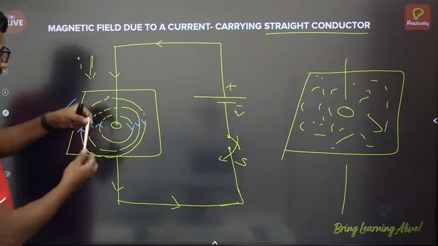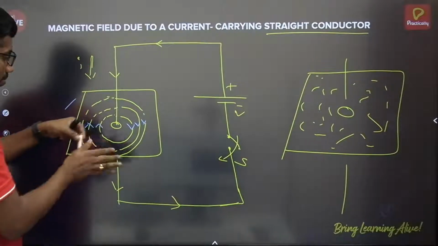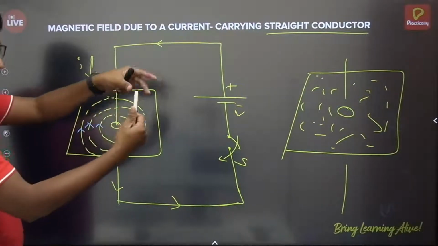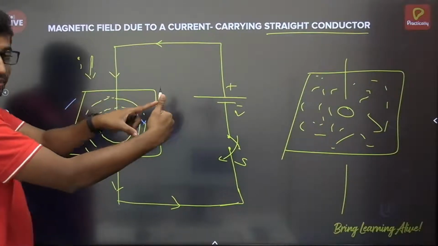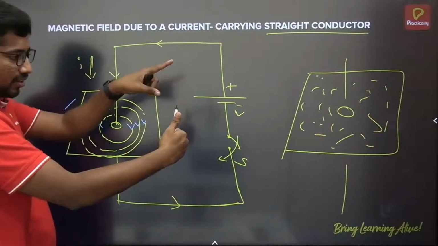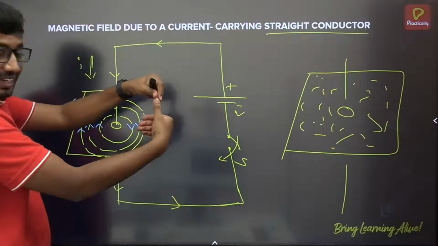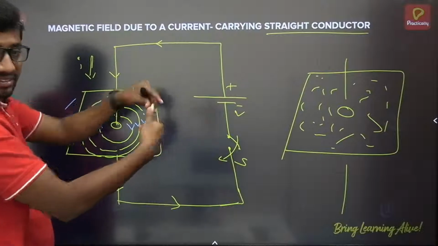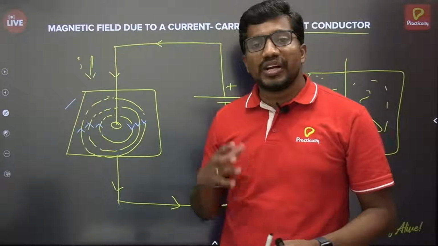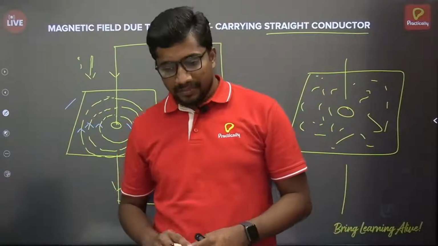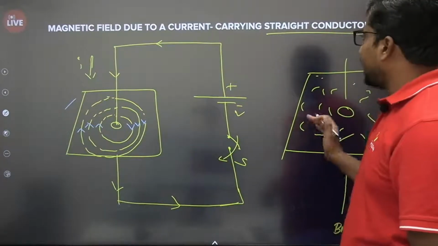Suppose the current is flowing in the opposite direction, from bottom to upside. You have to hold this conductor like this, pointing the thumb along the direction of the current. Then the magnetic field is indicated by the direction of the curled fingers like this. This is how you can apply the right hand thumb rule to determine the magnetic field direction. So this is about the magnetic field due to a current carrying straight conductor.